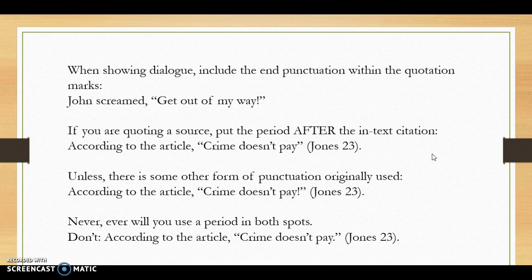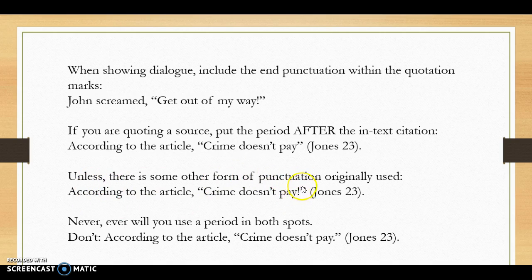And then, of course, when you use dialogue, you need to quote it properly. If you're quoting a source, put the period after the in-text citation. Okay, so crime doesn't pay is in the quotation marks. Period is after the in-text citation. It says unless there's some other form of punctuation.